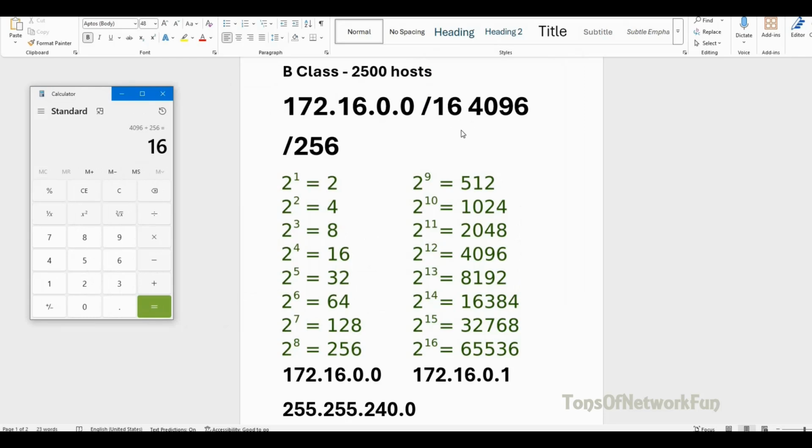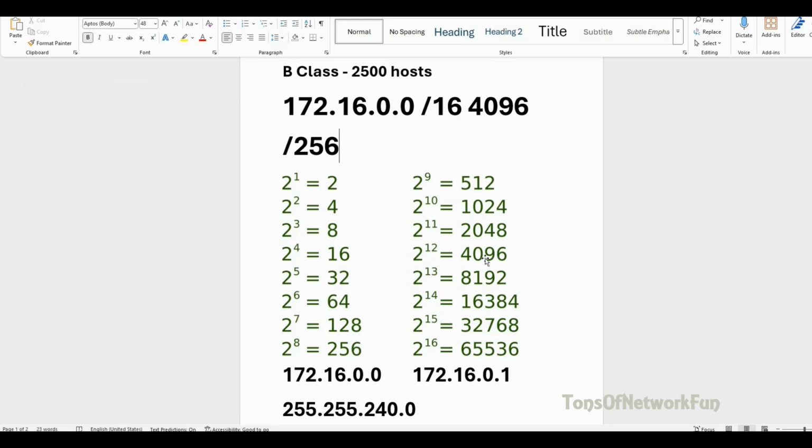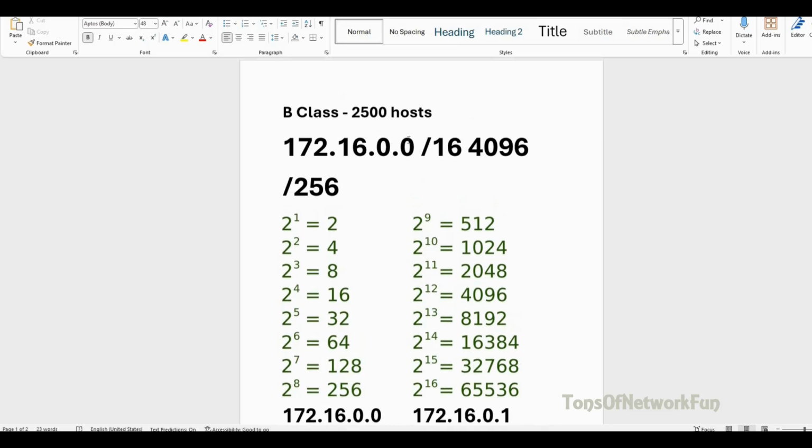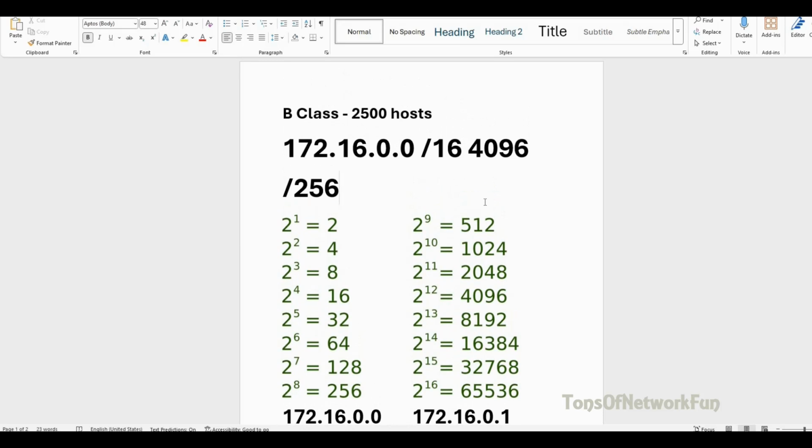So the magic number is 256. Whatever the number, just simply divide it by the number of IP addresses in a block. So 4096 divided by 256 will give you the block size. You can also find the block size like that. So the entire block size will give this many addresses, and we are satisfying the 2500 host requirement in this example.